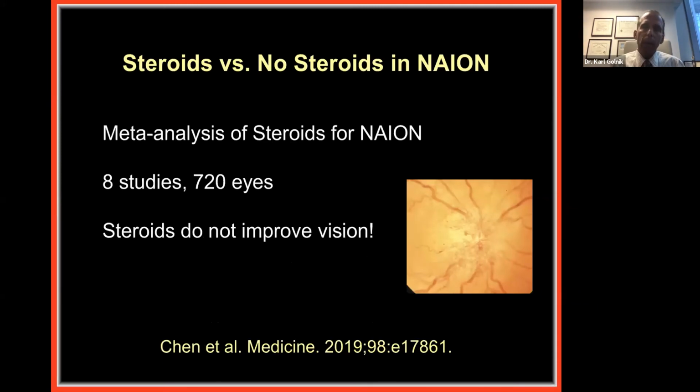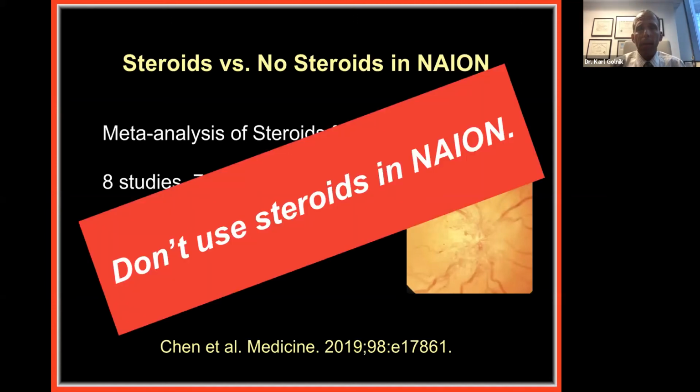But since then, I think this is from November of 2019, there was a meta-analysis done to look at this question of steroids versus no steroids. They looked at the 8 studies that they could find with 720 eyes, and basically the steroids did not improve vision. So I do not recommend the use of steroids in any form for NAION.